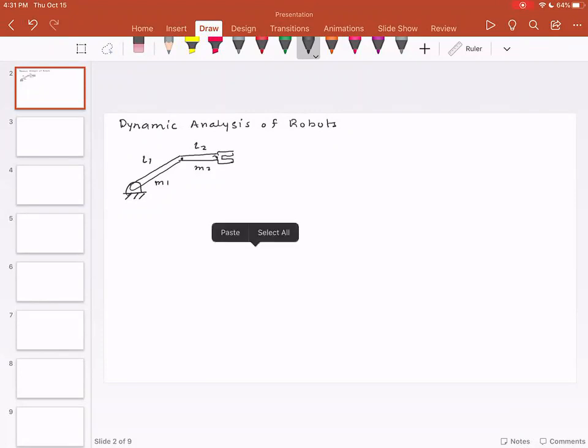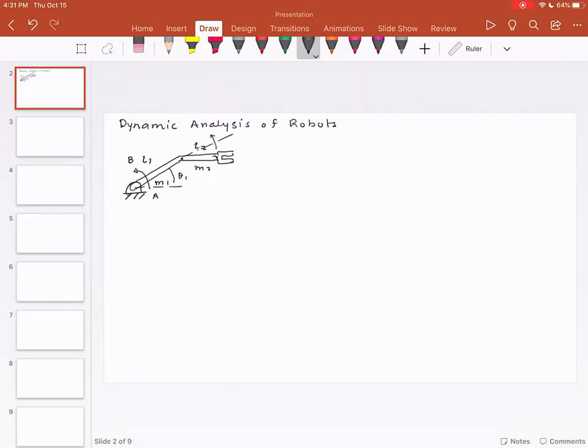So when this robot is going from point A to point B, we are interested in finding out not only the values of theta 1 at that instant, but we want to find out the evolution of theta. So how theta changes.